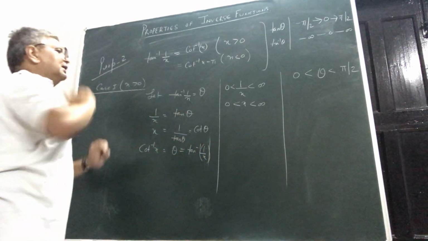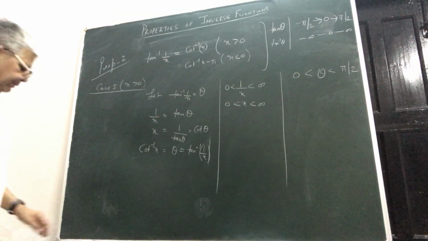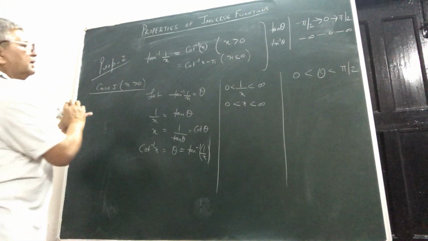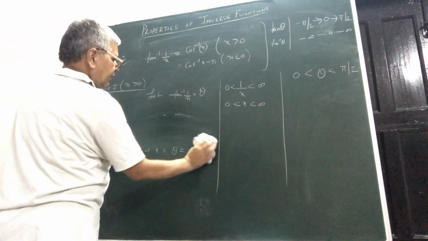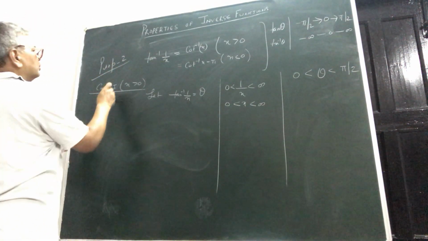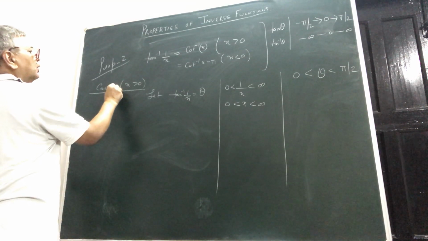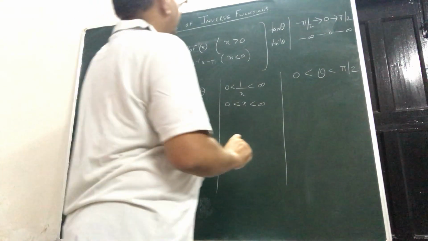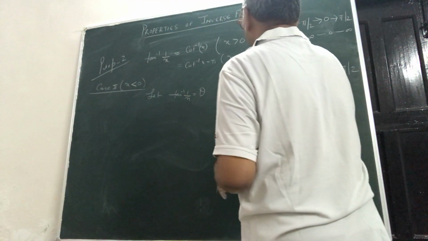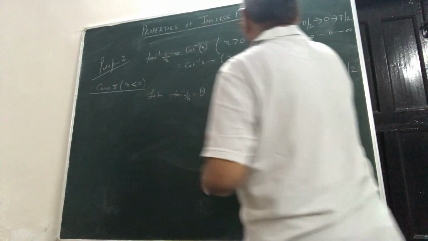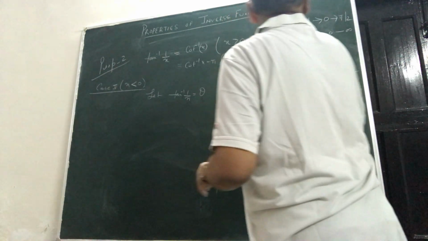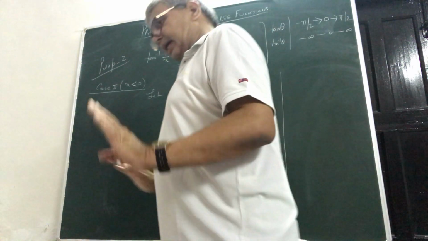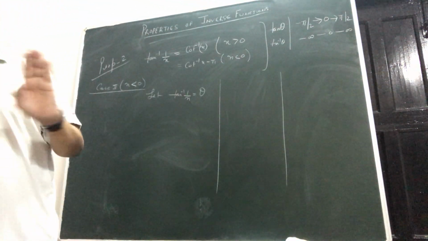Now the second result is where you have to make certain changes. Let me see how. Case 2: when x is less than 0. Let us do it completely again.